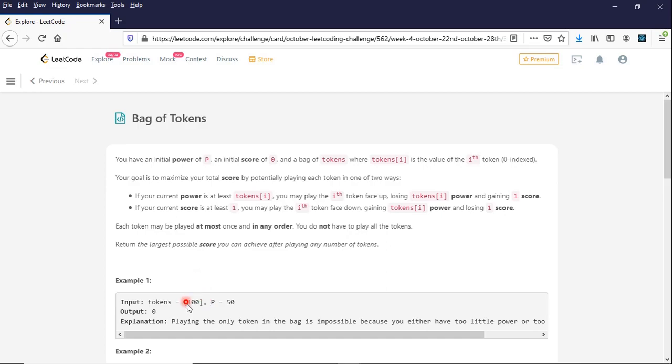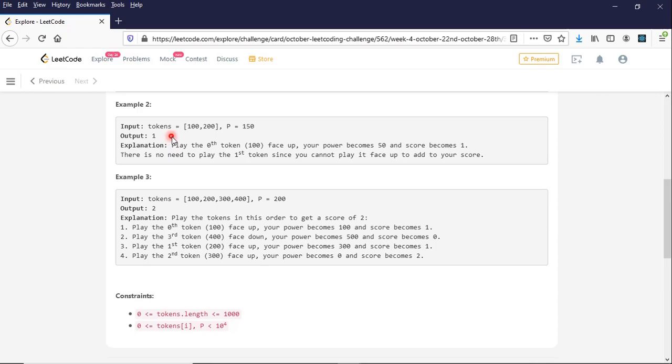Okay, so let's take this example. Tokens is 100 and power is 50. Since tokens[i] has only the value 100, we cannot trade any power to get a score, so the output is 0. Now example 2: tokens is 100, 200, and power is 150.